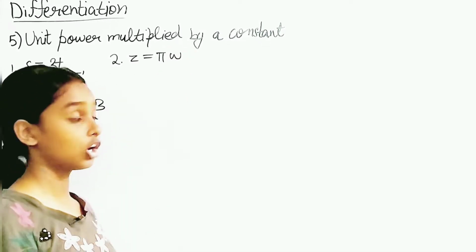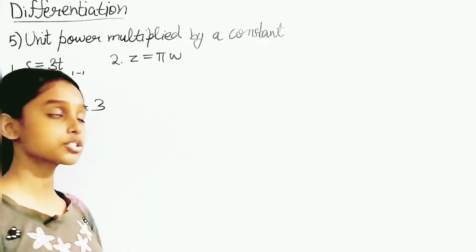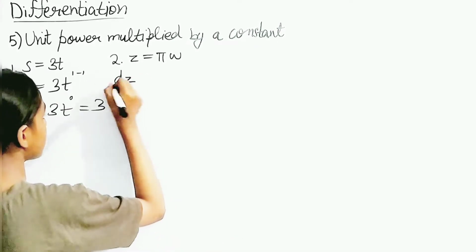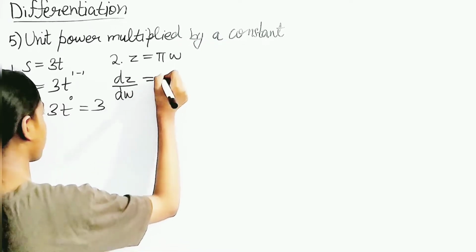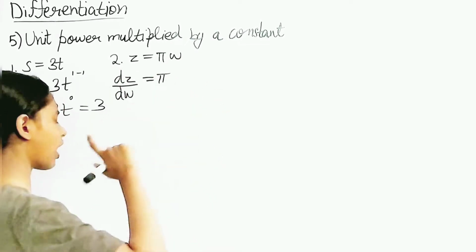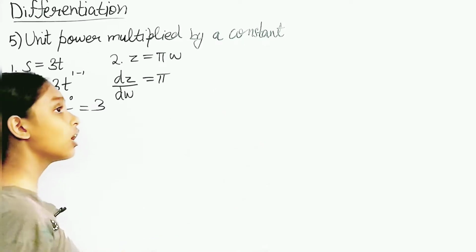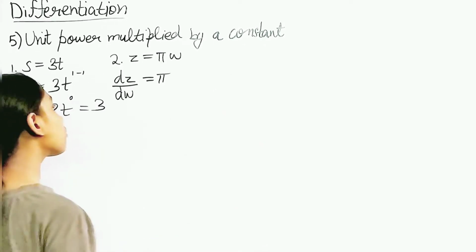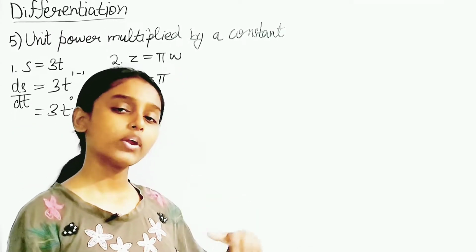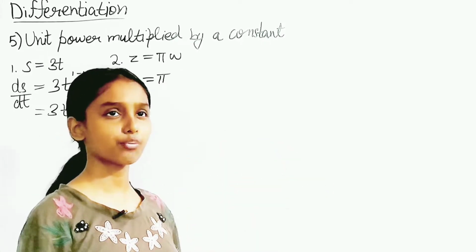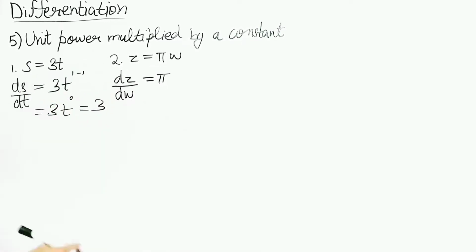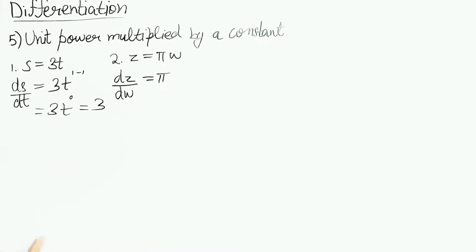What will I get as the final answer? dz by dw is equal to pi times w to the power 1 minus 1, which is w to the power 0, and we have only pi left. Pi is about 3.141, it's a constant, so pi will be left. That's it.